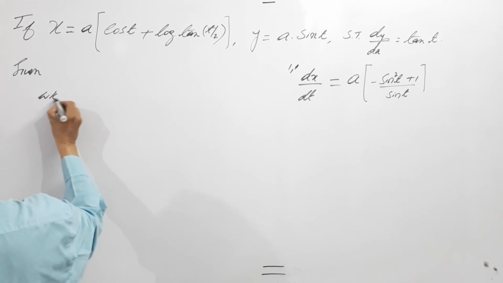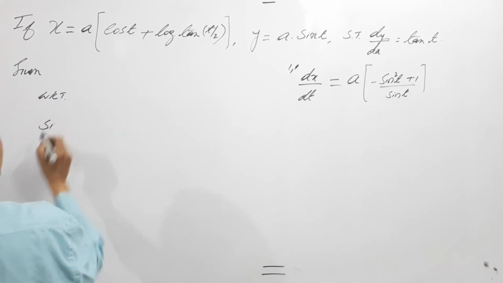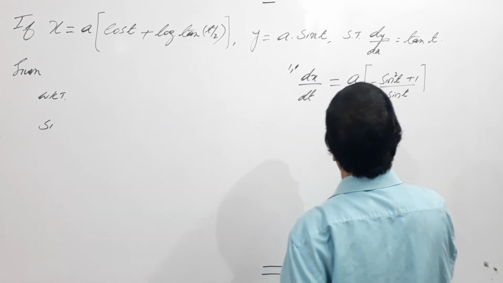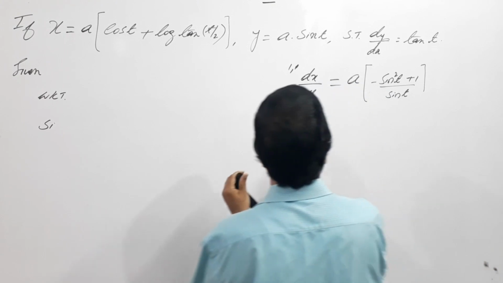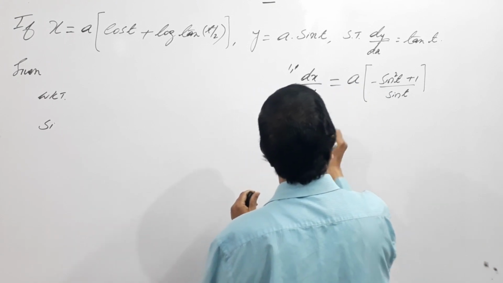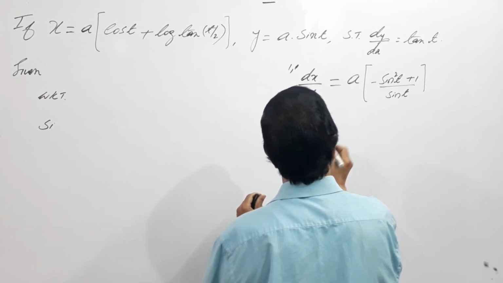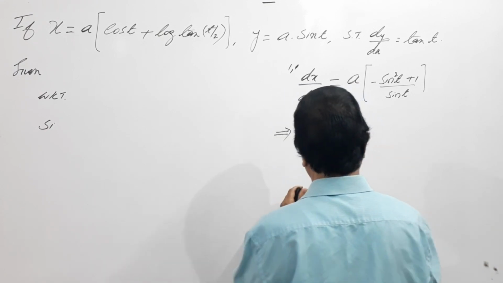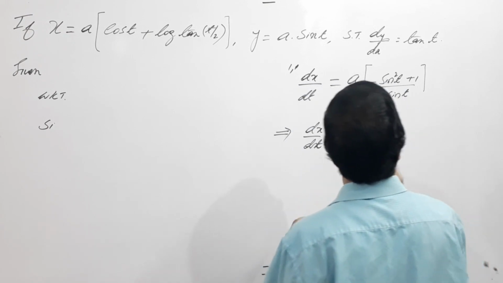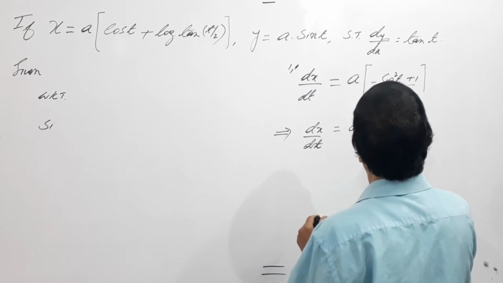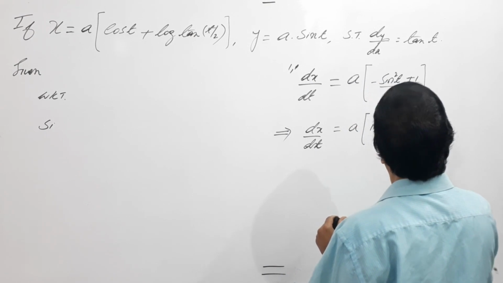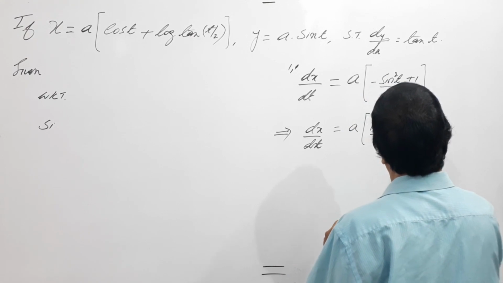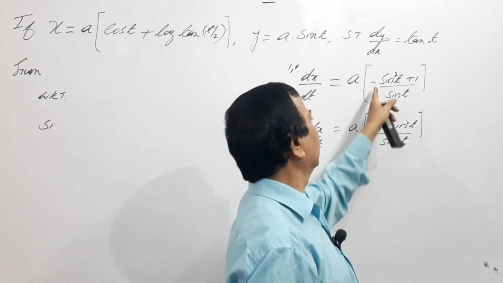We know that, can I write this like this, which implies dx by dt equals a into 1 minus sin square t divided by sin t, so plus 1 minus sin square t.